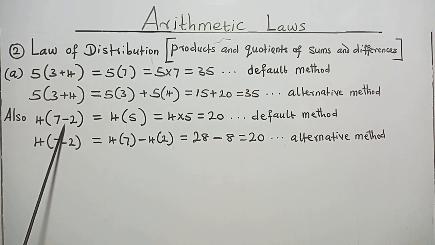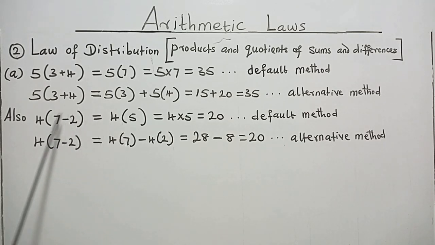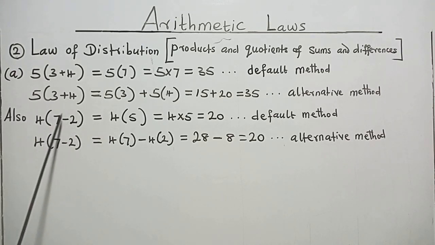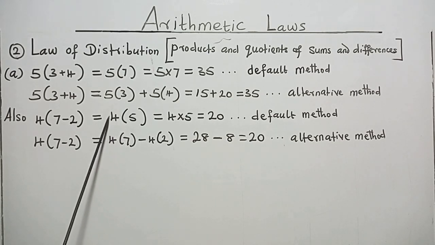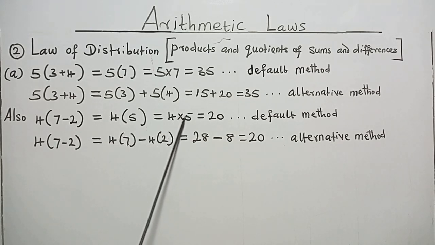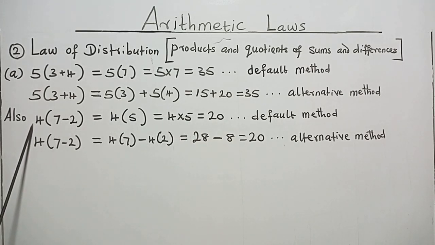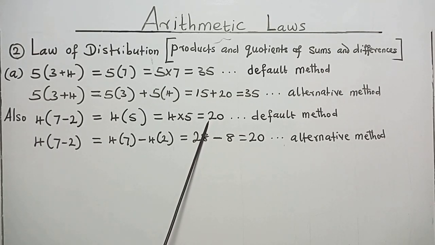What will the bracket give? The bracket will give 5 because 7 minus 2 is 5. And this 4 is still here. So 4 bracket 7 minus 2 means the same thing as 4 bracket 5, and 4 bracket 5 means 4 times 5, which is equal to 20.